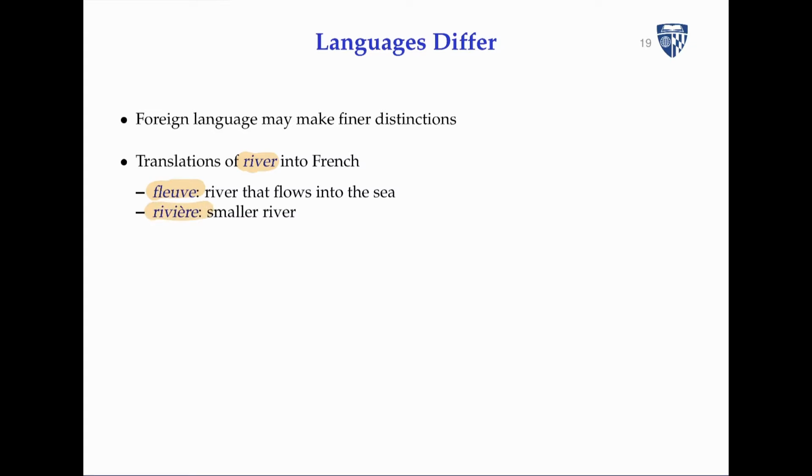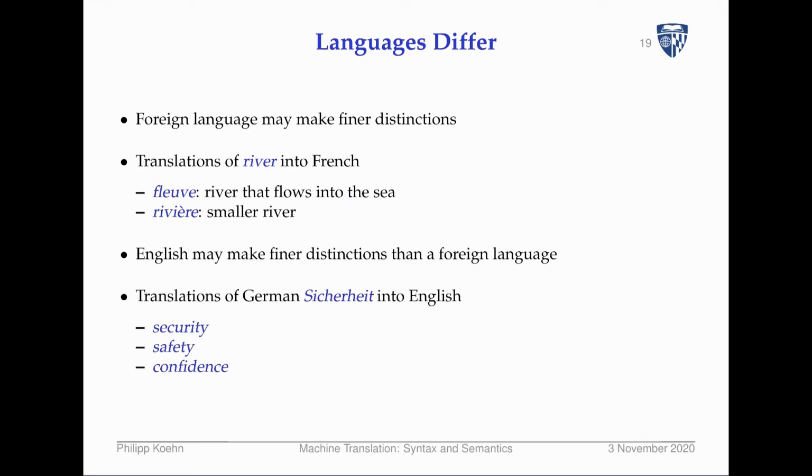Obviously, there are also a lot of words in English that describe smaller rivers, like a creek, or a bigger river, like a stream. But they're not connected with the meaning of where they flow into. They are connected really just with the size of them. On the other hand, English might also make finer distinctions than a foreign language.